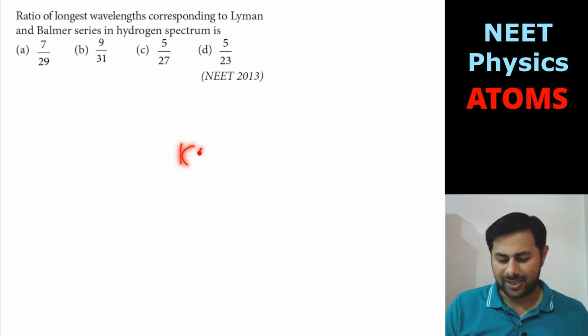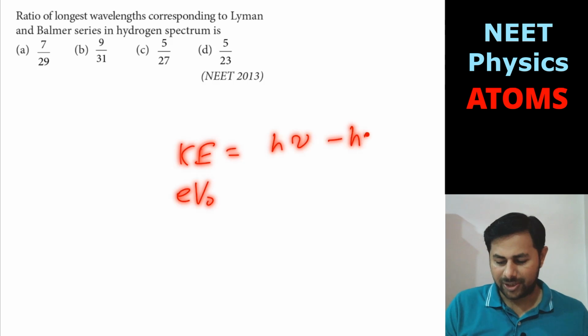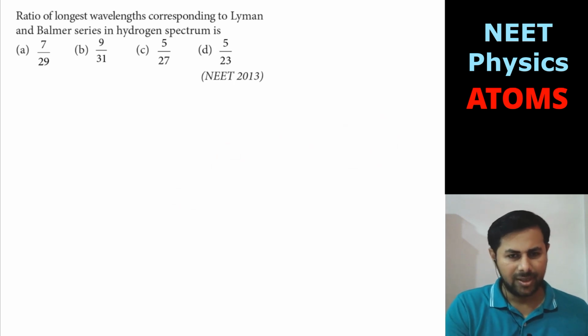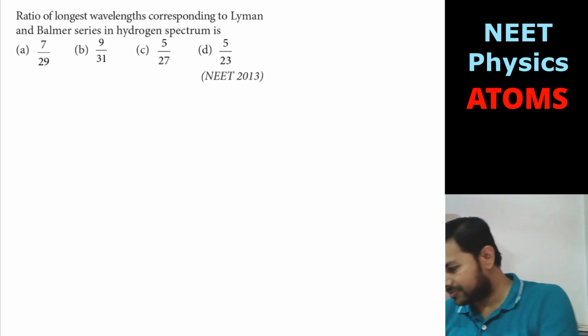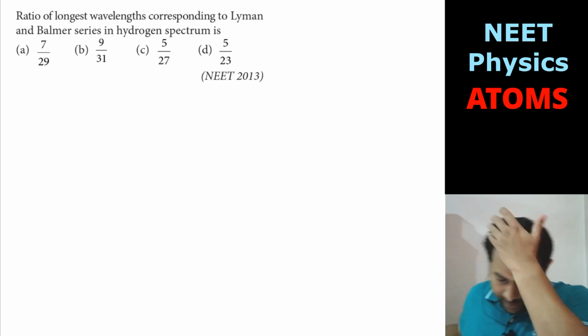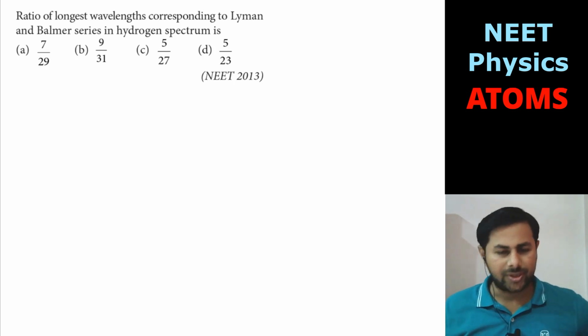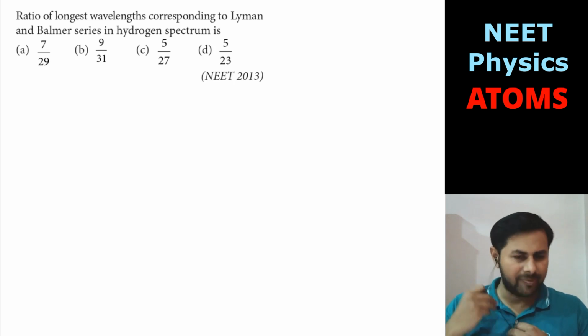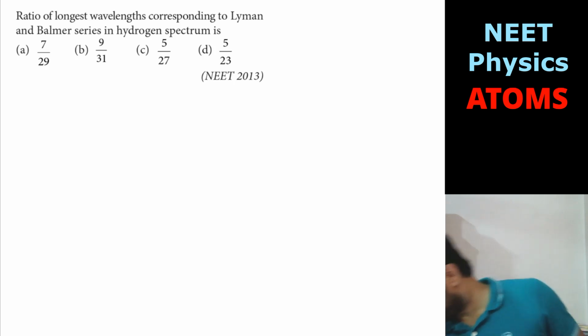Sometimes it is kinetic energy, sometimes it's e times V naught is h nu minus h nu 0, and this h nu 0 can be written as phi. So the same equation can be used in 3 or 4 ways. And why are there more questions on atoms also? Because there are 3 postulates, so 3 different equations. So there are many equations, that's what I'm saying.